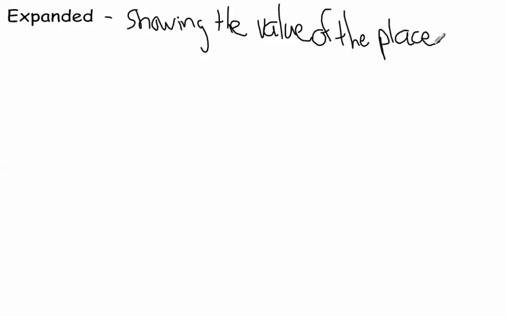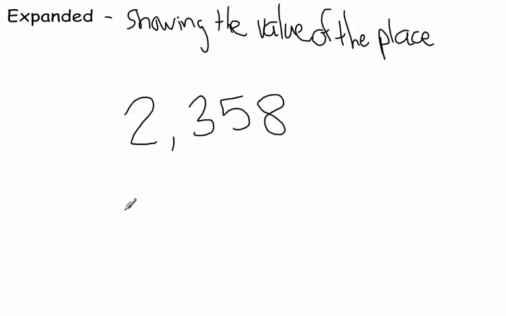Okay, so if we have 2,358 and we want to show the expanded form, well, first thing we do is look at this place right here. And then we look at this place right here. Then this one. Then the last one.